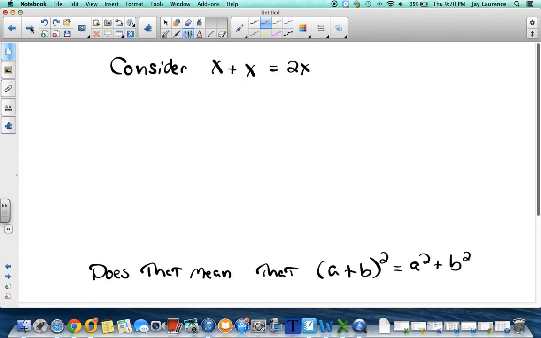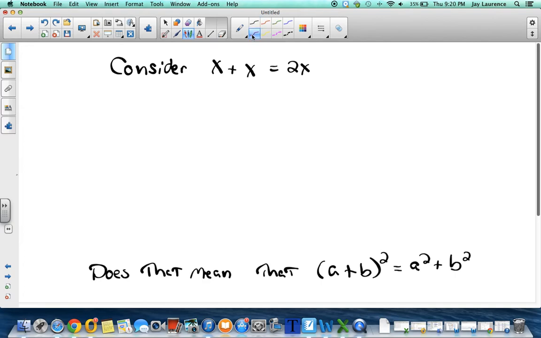All right, so let's see here. Let's consider the statement x plus x equals 2x. Now, some of you know this is true, some of you think it's true, and some of you just aren't sure. Well, let's see if we can prove that it's true, maybe even prove it using the distributive property.